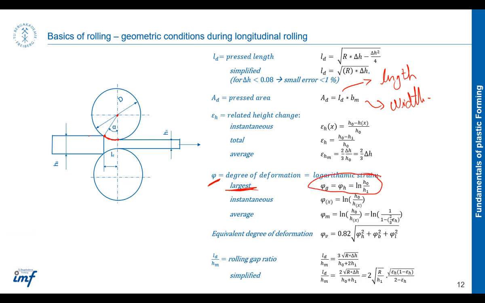So this means that the true strain. And you already know that for this corresponding true strain, we have a corresponding true stress value in the flow curves, which we can extract to know how much force is required or how much stress is required to achieve that force, and so on.